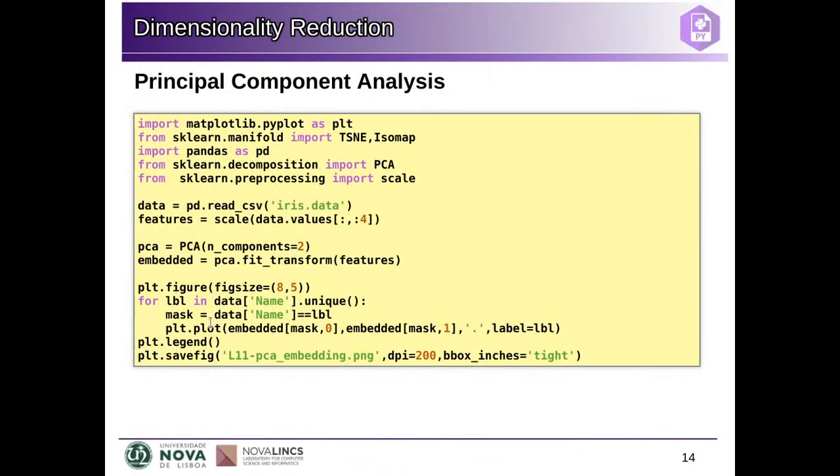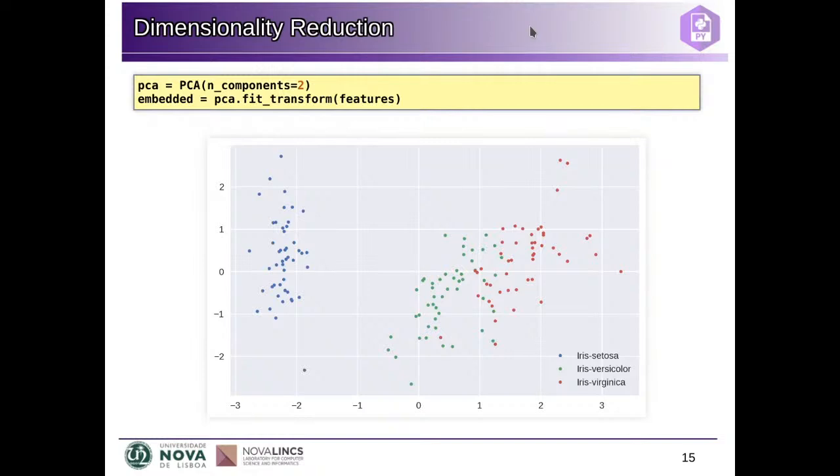And now for each name, I'm going to create a mask for all the rows in the column that have that specific name, and I'm going to plot only those rows of the embedded matrix that correspond to that class of flower. And I'm going also to add this so I can put in a legend in the end. Okay, so this is the result I have.